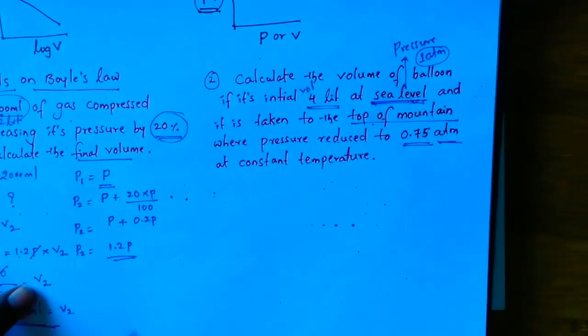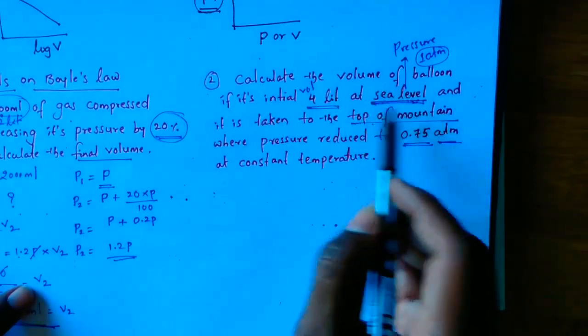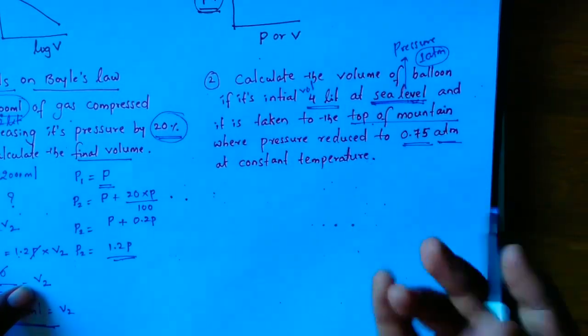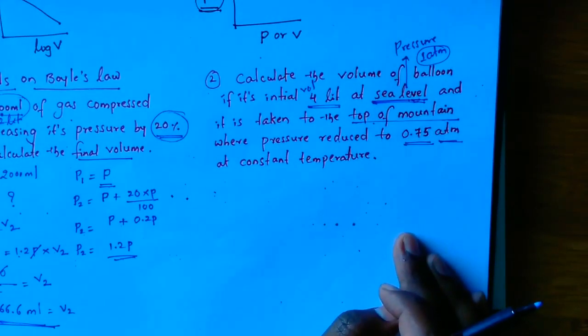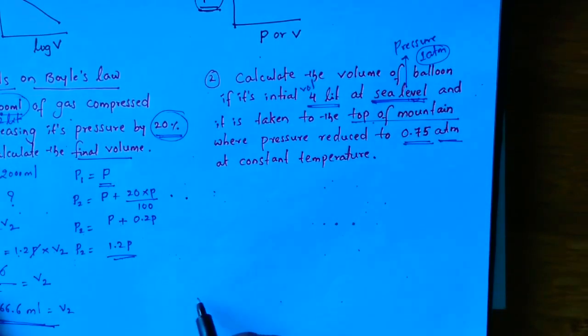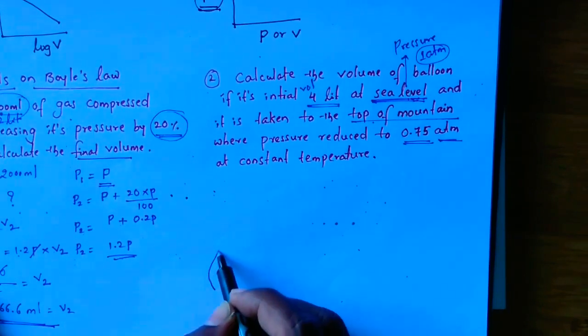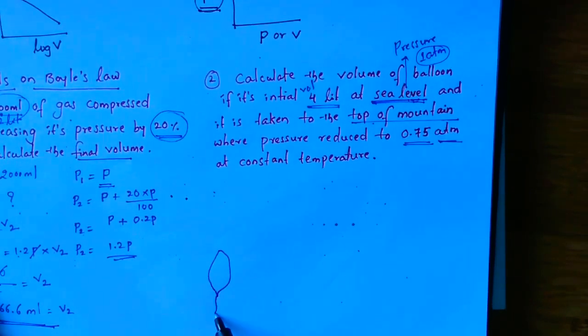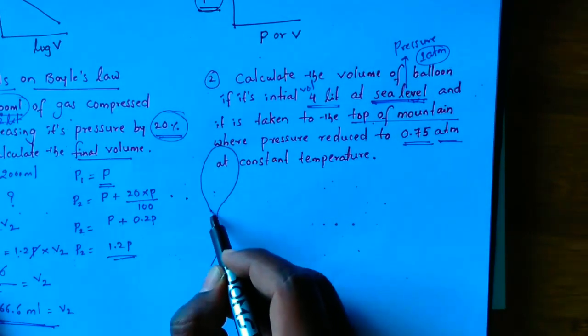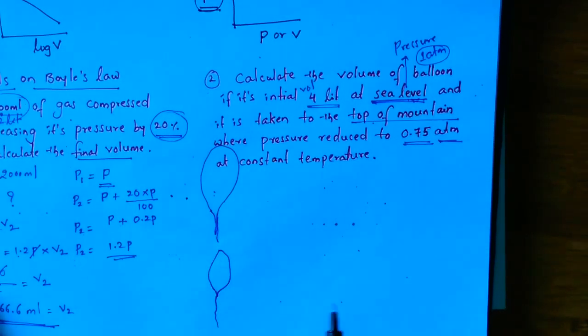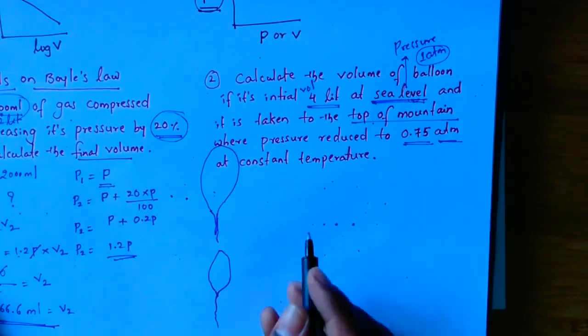So we have to calculate the volume of the balloon at a constant temperature. Just assume that the temperature is constant at sea level and at higher altitudes. So if the balloon is this much at sea level, when it moves to a higher altitude, definitely the volume increases.